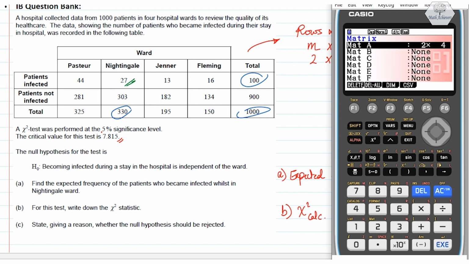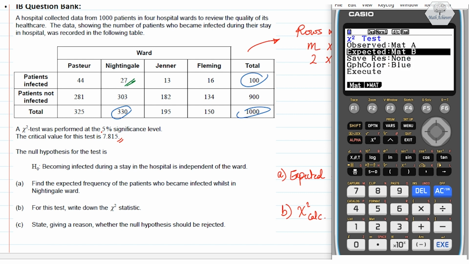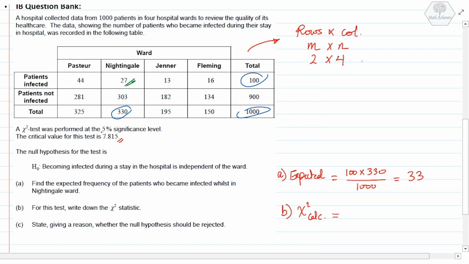Now exit again, and now I execute to find the value of the chi-squared statistic. This window gives me the chi-squared calculated or chi-squared statistic and the p-value. In our case, we need the chi-squared statistic. So this is 8.21. So now the chi-squared calculated is 8.21.